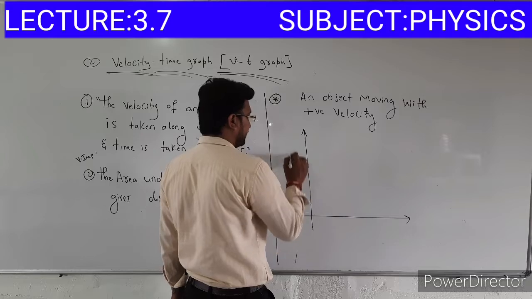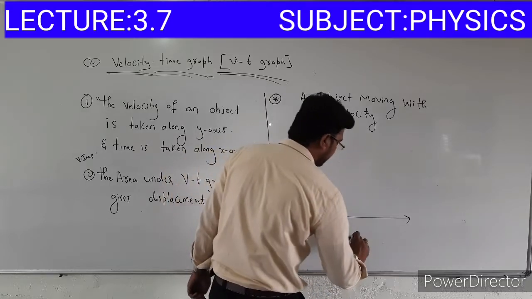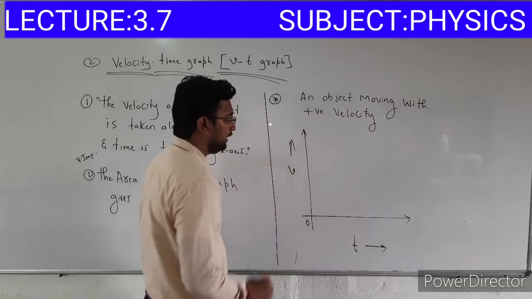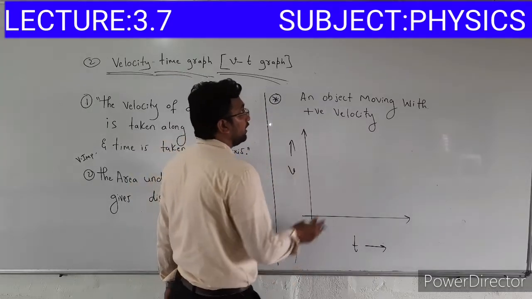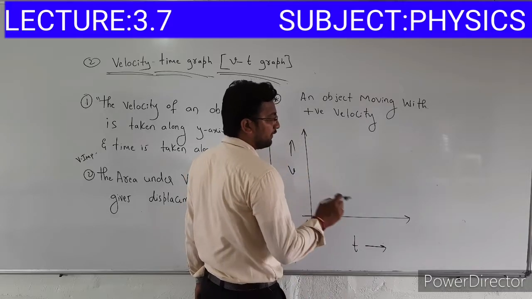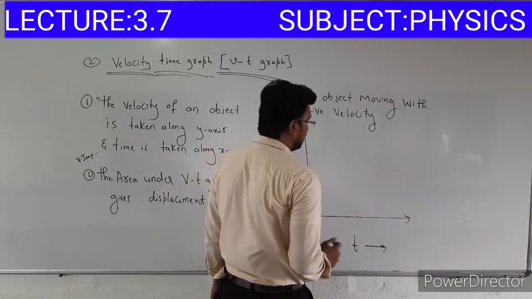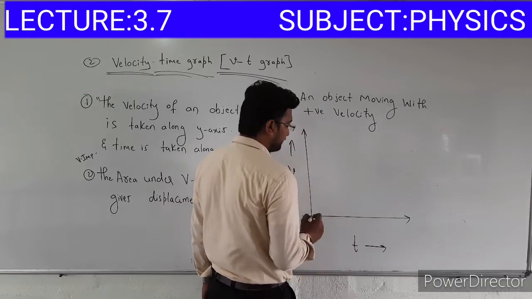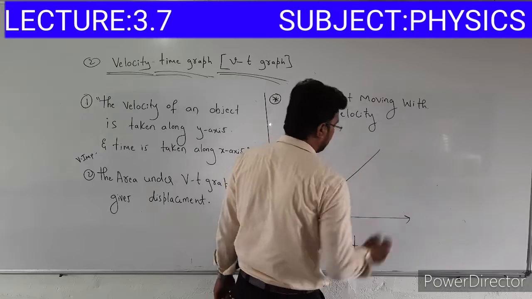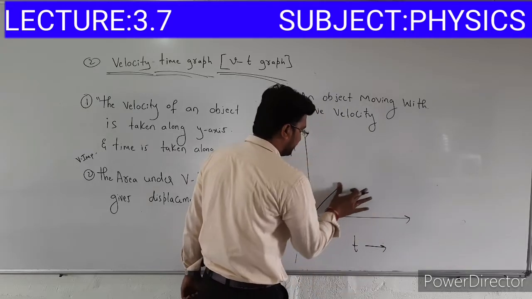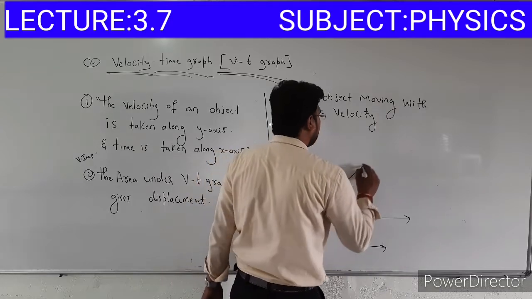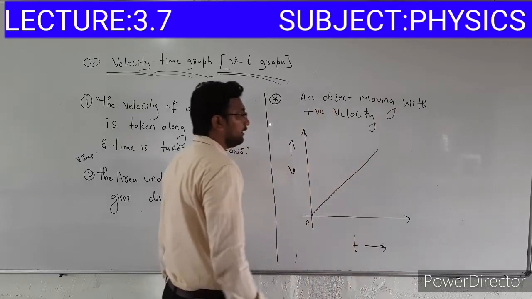Velocity is taken along the y-axis and time is taken along the x-axis. So if an object is moving with positive velocity, its velocity increases with respect to time. It may look like this, where the velocity of the object increases with time.